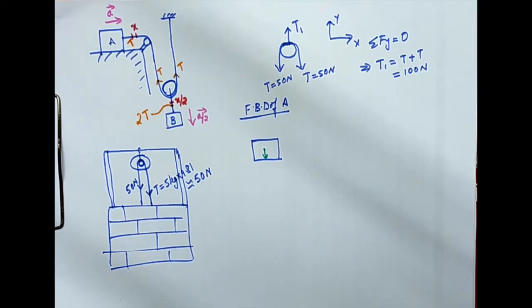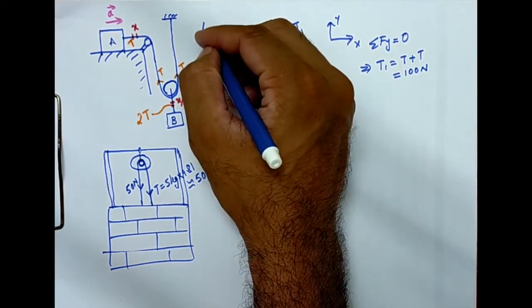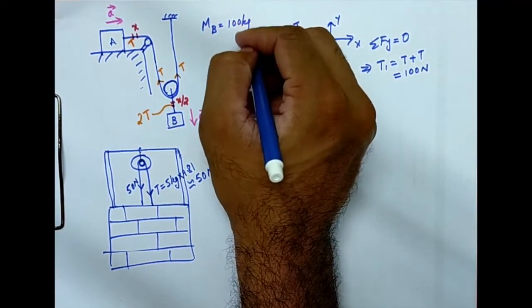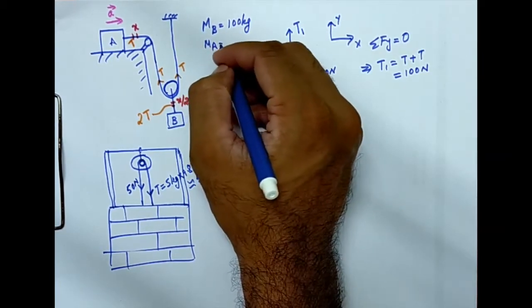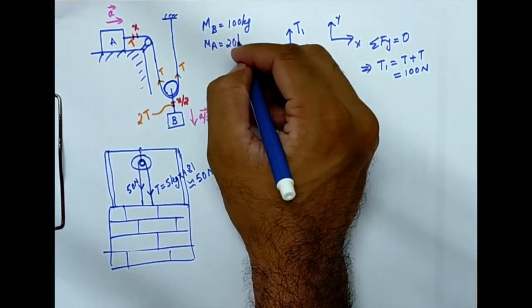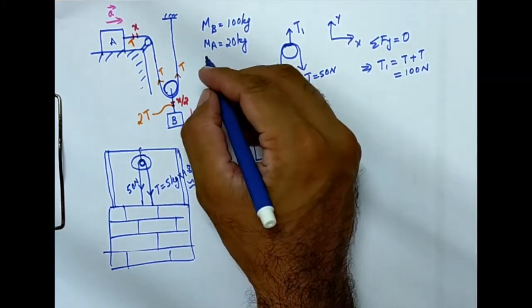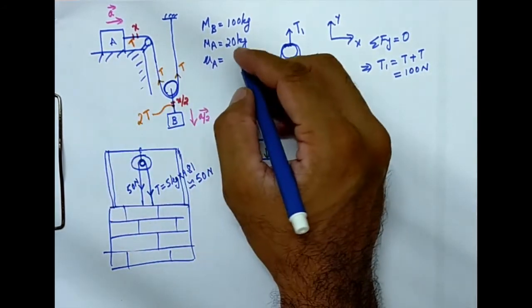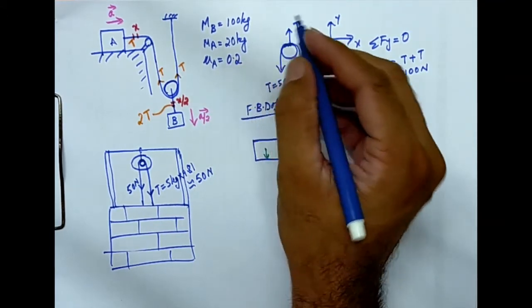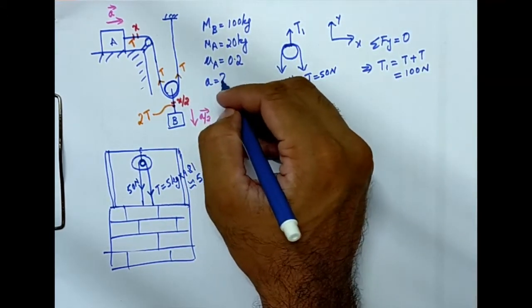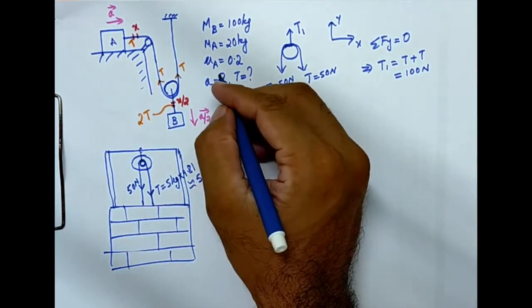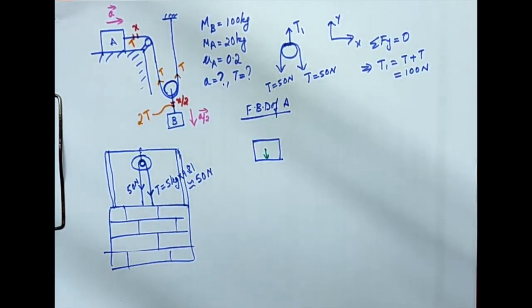The data available to us at this point is MB equal to 100 kg, MA equal to 20 kg, mu A, the coefficient of friction between block A and the surface, is 0.2, and we are asked to calculate the acceleration and tension in the cable. Okay, so let's try that.